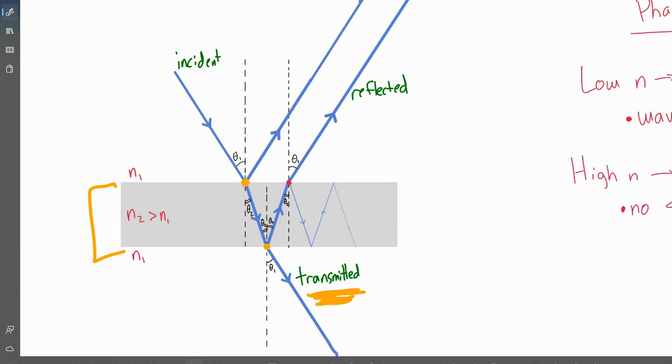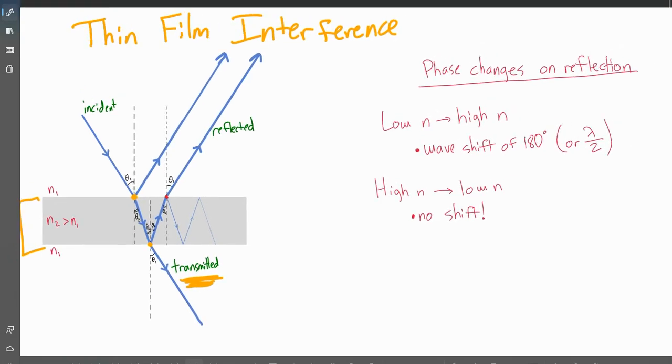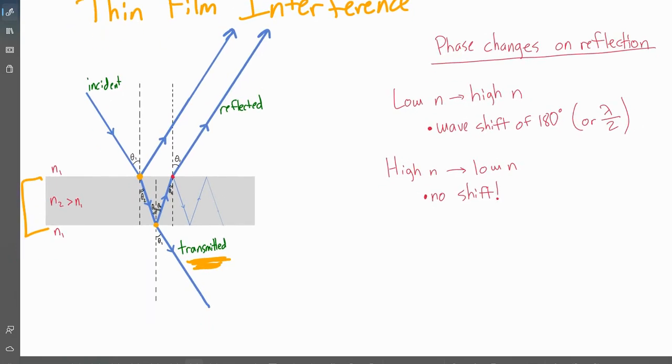Okay, but we can use this with interference, our constructive versus destructive interference, which is kind of cool. Because when you go from a low index of refraction to a high index of refraction, on that reflection, your wave actually gets shifted by 180 degrees, which is half of a wavelength.